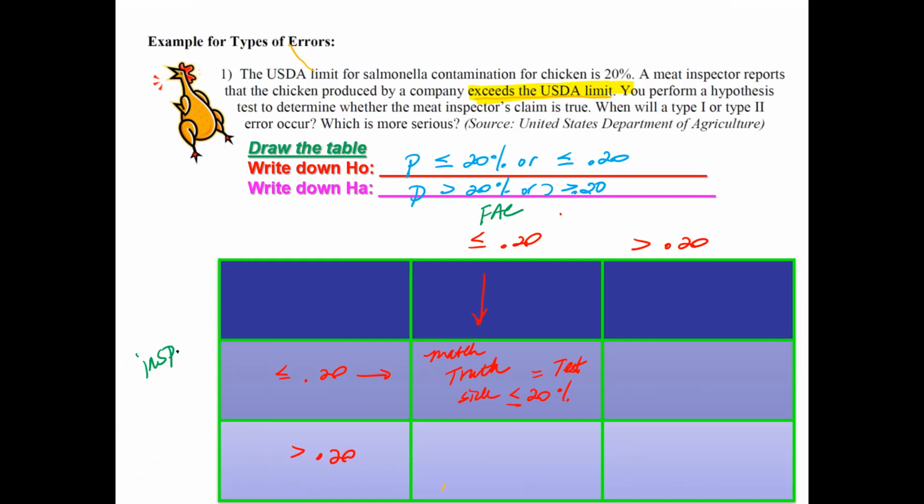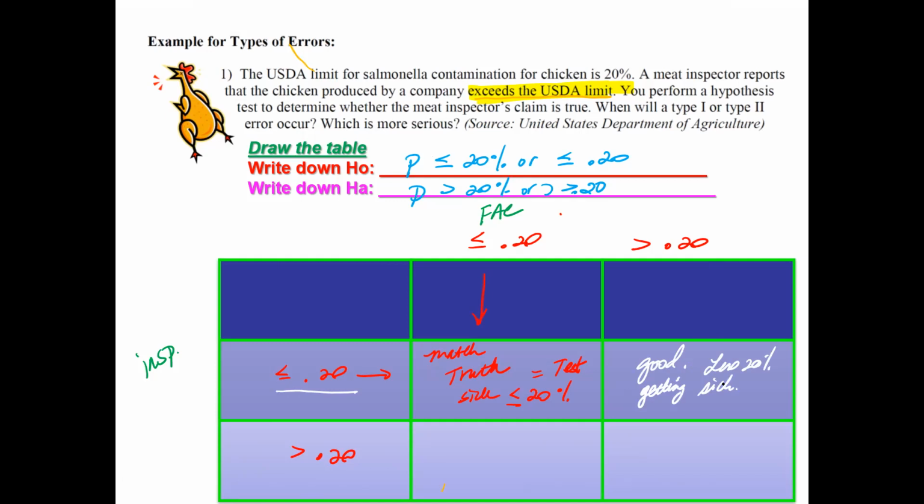Okay, so if the facility says, you know what, you're right, we actually do have more than 20% of people getting sick from our chicken, but then the inspector goes in and says, you know what, actually it is less than 20%, then that is a good thing. That means the facility is saying that we need to do better, but then the inspector is like, you know what, you're actually doing okay, because it's found that less than 20% of people are getting sick.